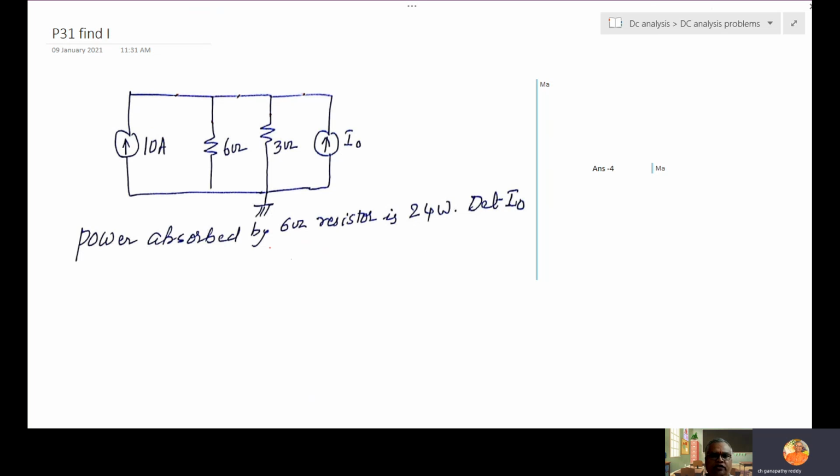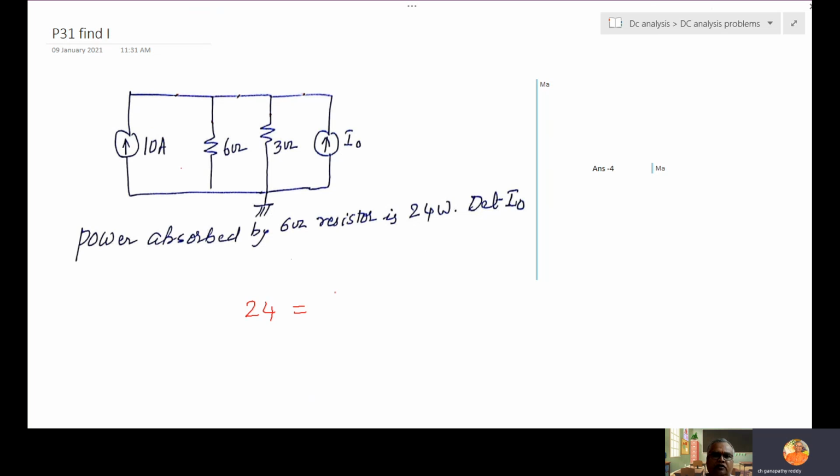Here the power absorbed by the 6 ohm resistor is 24 watts. Determine I naught. Power absorbed, consumed or dissipated are the same. So in this 6 ohm, power is given. How much power? 24. Now I can use V square by R or I square R, anything.